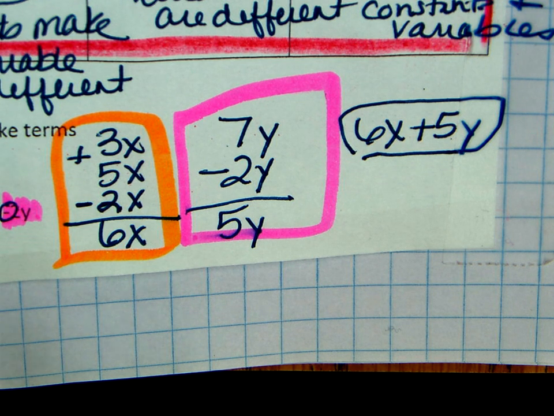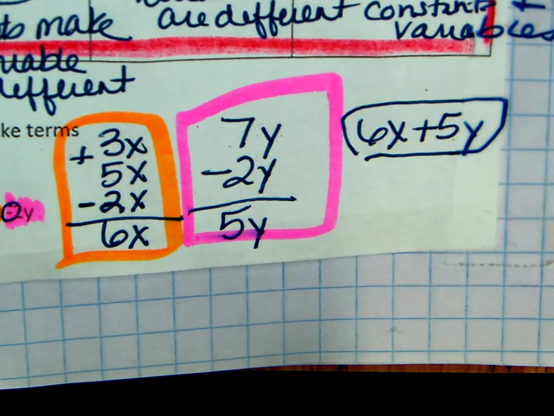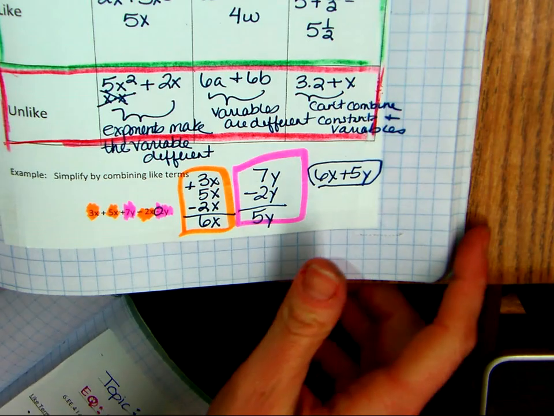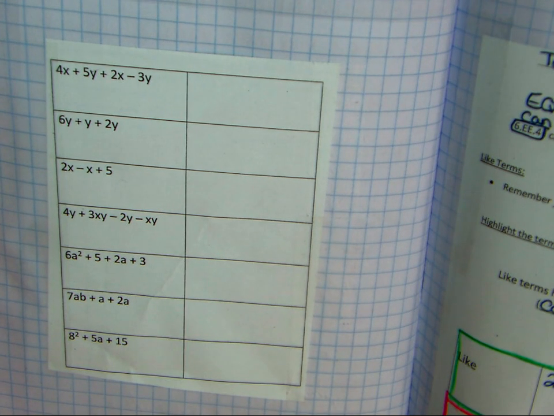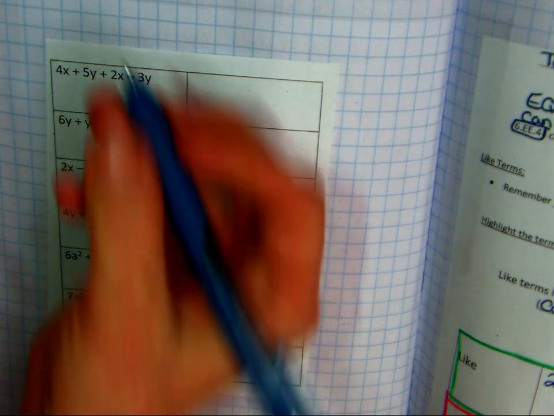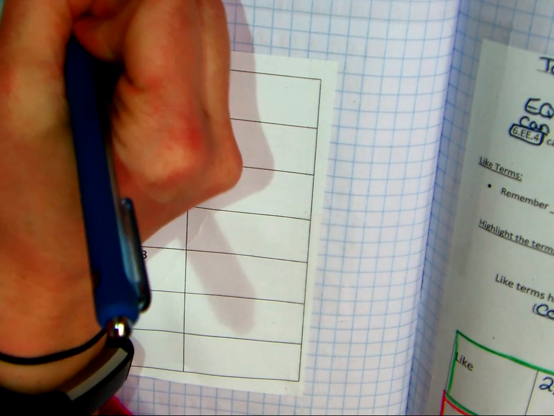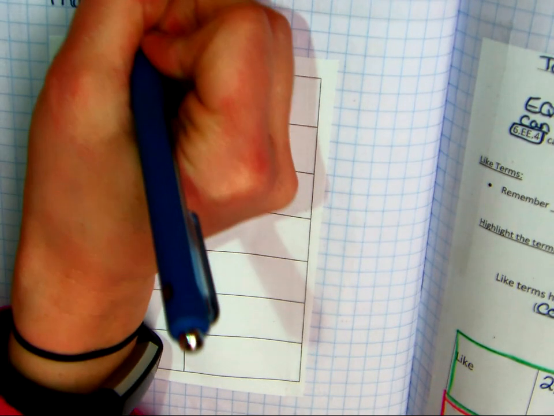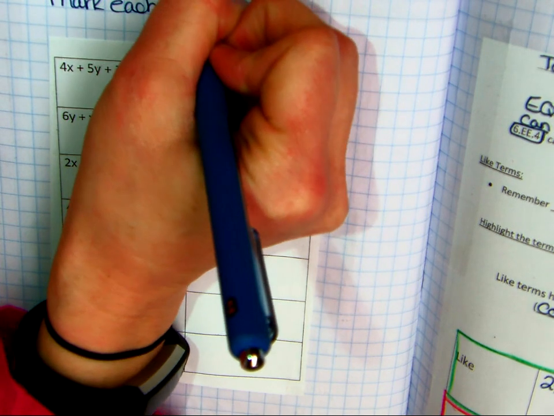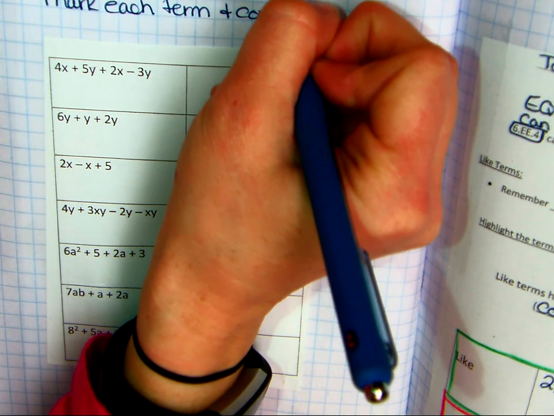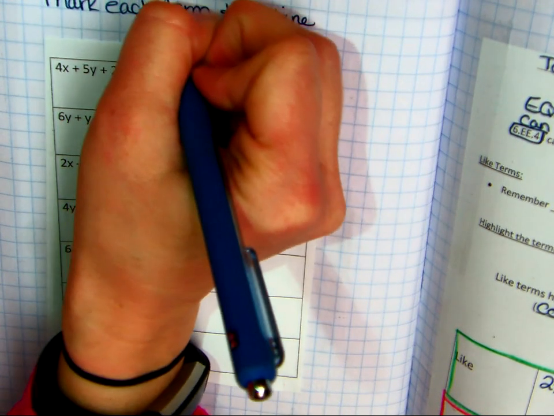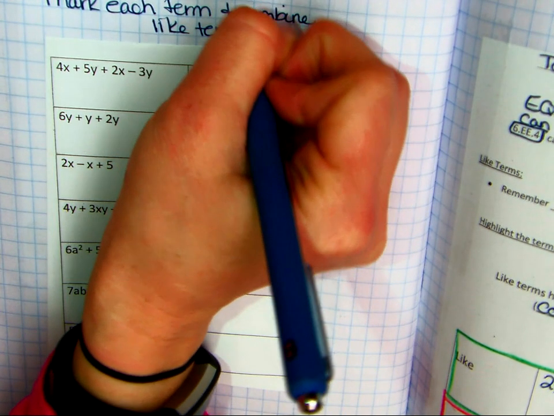All right, now let's go to our practice page, which is on 99, so we can practice a little bit more. Okay, so on this page, what I'd like you to do is start off by marking each term and combine like terms to simplify.